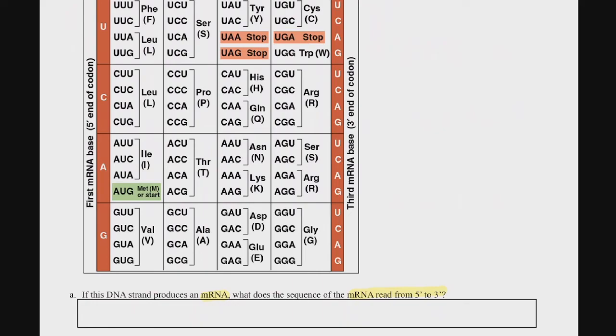Our sequence is starting with 3', TAC, GCA, AGC, AAT, ACC, GAC, and GAA. So then the mRNA from 5' would just be complementary to that.